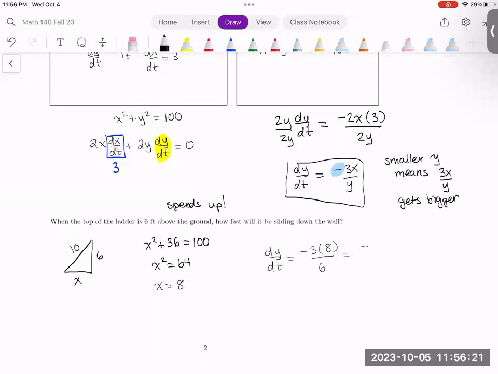So this is going to be negative 24 over 6 feet per second, or negative 6 feet per second. Okay, great.